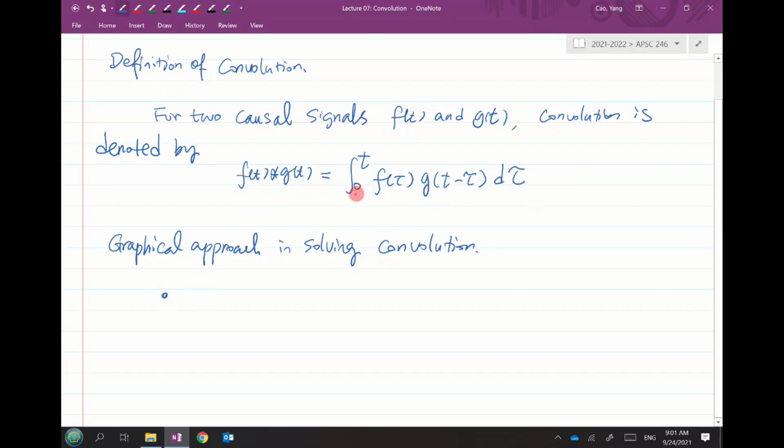But the bottom line is that in the previous lecture we concluded that the result of this convolution should be another time function. Maybe it's a constant, but it's going to be a time function.